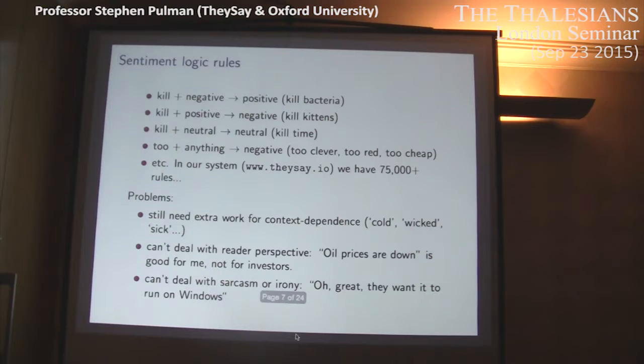And the way that we do that is to have, in the system that we built at TheySay, which is based on some work done by one of my DPhil students, Lawrence, who's the co-founder of the company, to write a whole lot of, well, partly write and partly harvest, a whole lot of rules triggered by the presence of particular words and particular grammatical constructs.